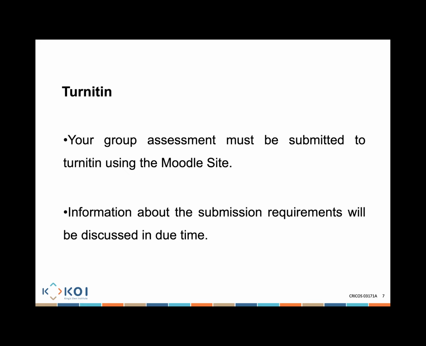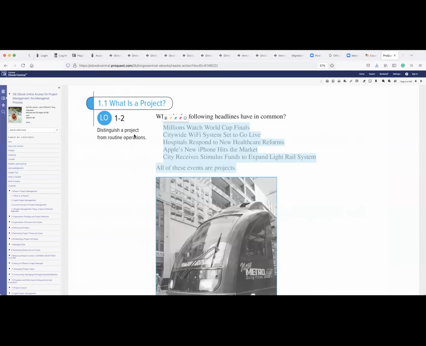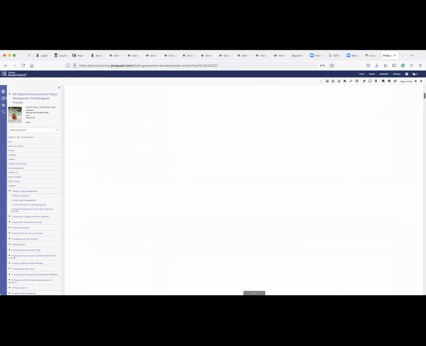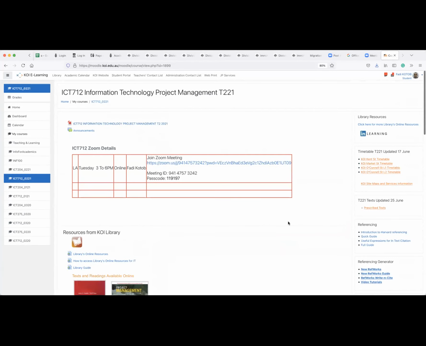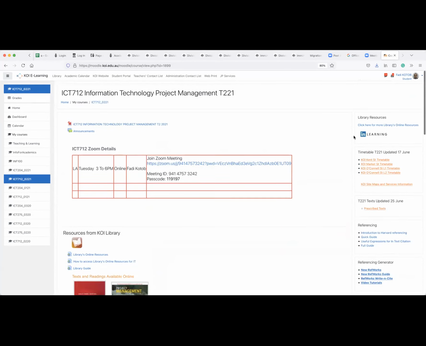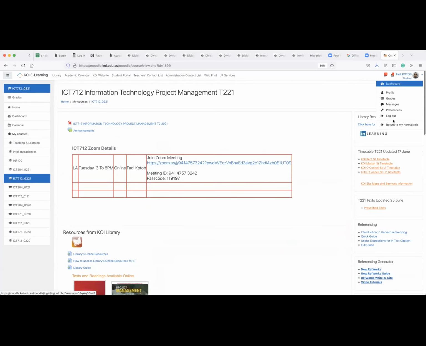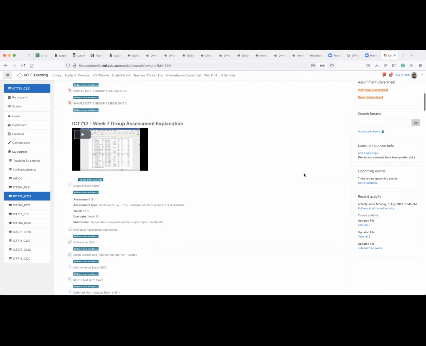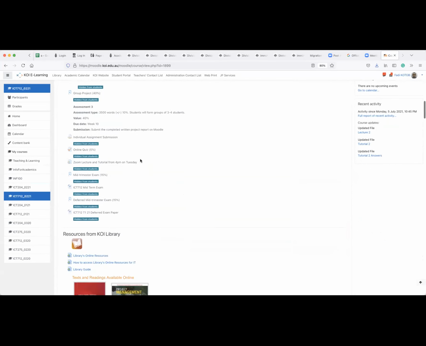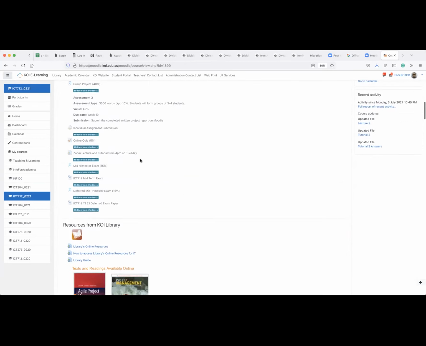Now, Turnitin. Guys, your group assessment must be submitted to Turnitin using the Moodle site. If I take you back to the Moodle site, you'll find that there's a Turnitin link that gets added.